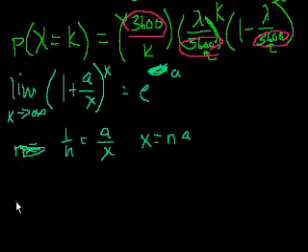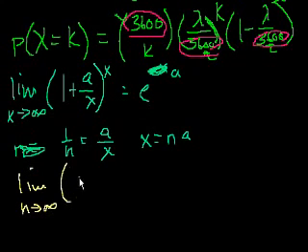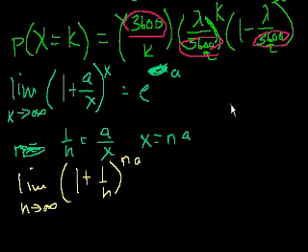So this is the same thing as just making our substitution: the limit as n approaches infinity of 1 plus a/x, where I made the substitution 1/n, and x is, by this substitution, n times a.